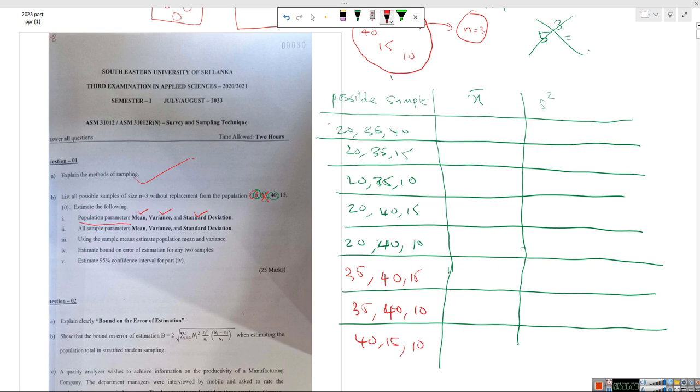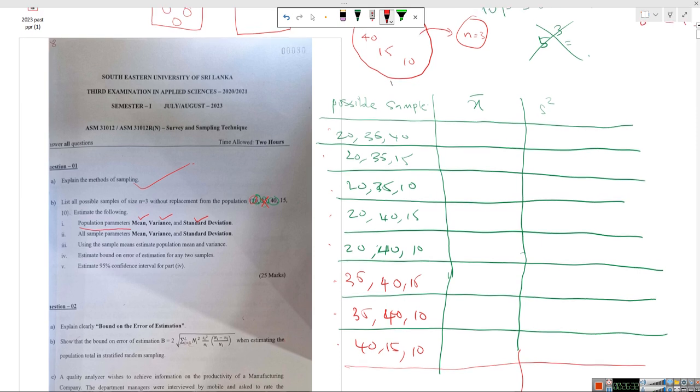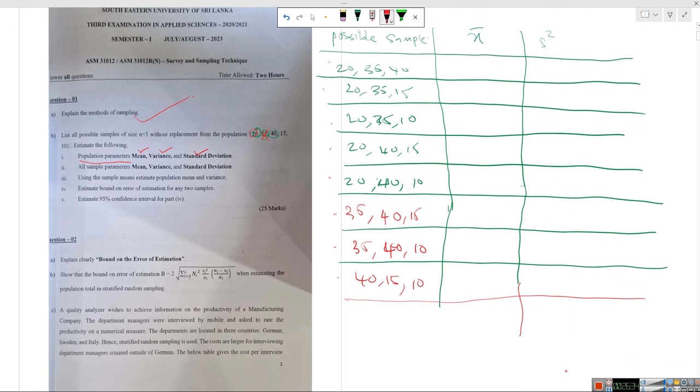So 1, 2, 3, 4, 5, 6, 7, 8. I can write 2 more. How can I write 2 more? Okay, then let me check again.